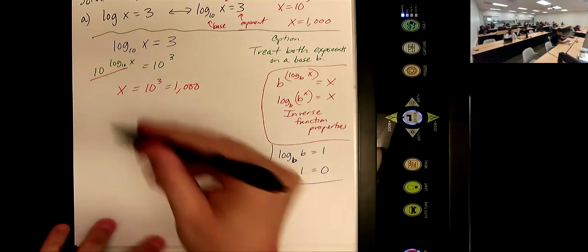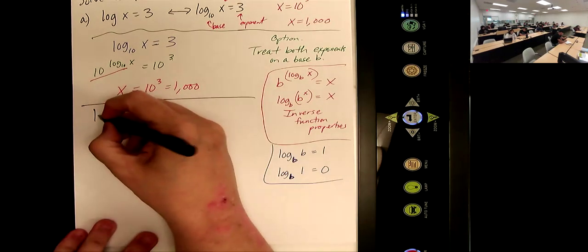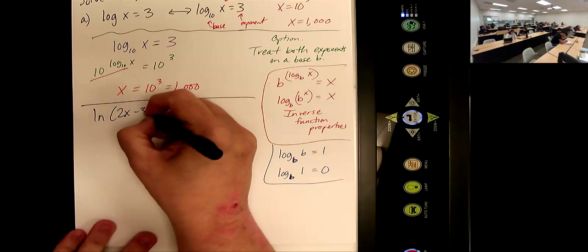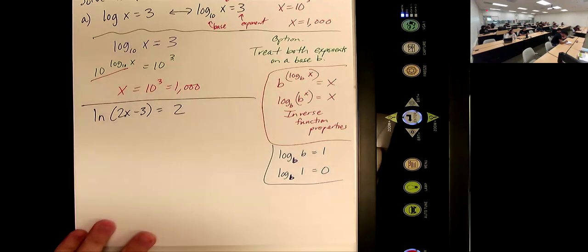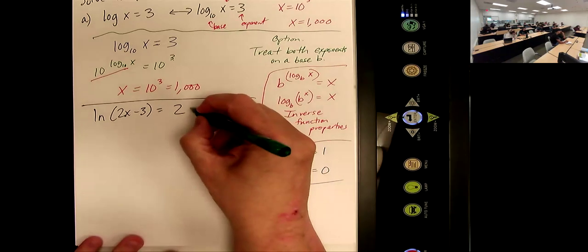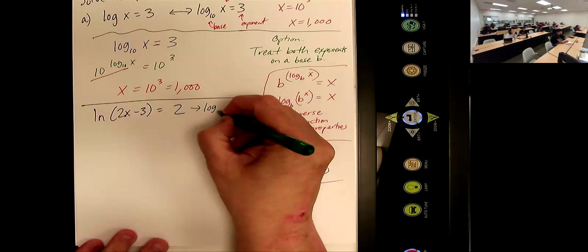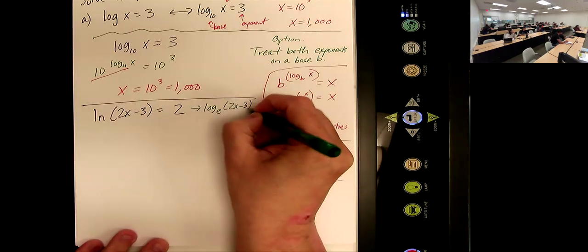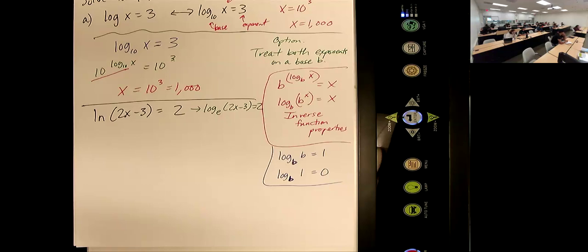So we'll do another one. Let's say natural log of 2x minus 3 equals 2. Hopefully you don't write this step, you get used to doing it without, but this is the same thing as writing log e of 2x minus 3 equals 2, just as a reminder.